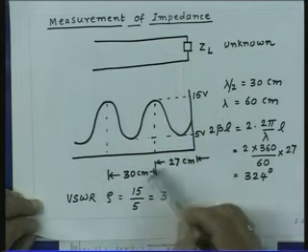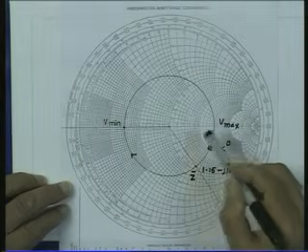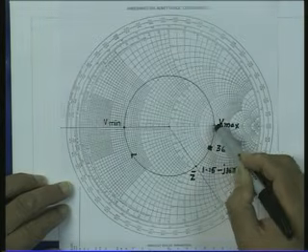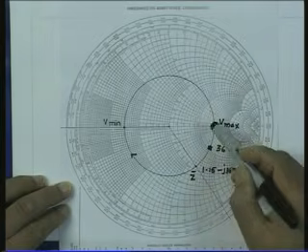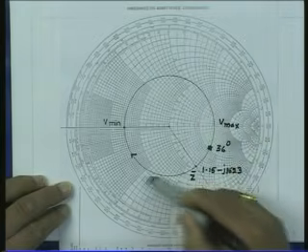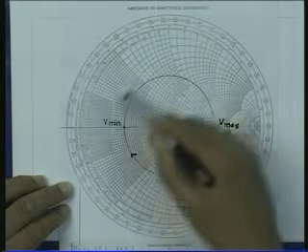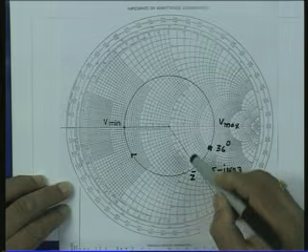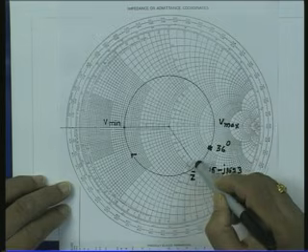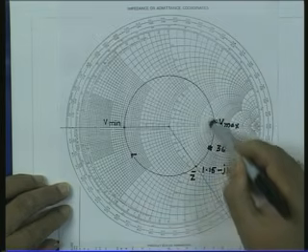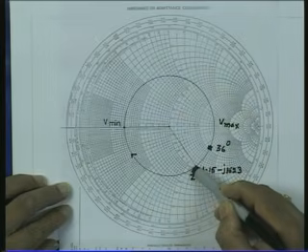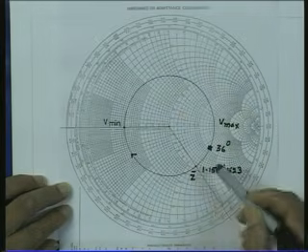Essentially, from the maximum location, if I move away from the generator, that means in the anti-clockwise direction by an angle of 324 degrees on this constant VSWR circle, whatever point I reach corresponds to the load impedance. I make a movement like this by 324 degrees and reach this point.